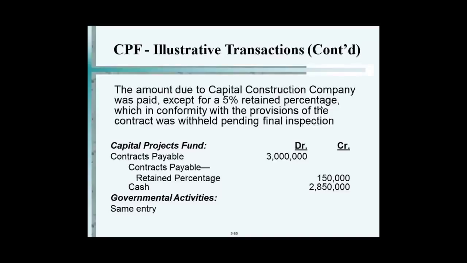Why do governments do this? If they find a problem, they'd rather not go sue. They'd rather use that money to fix things and then give them the rest. It happens all the time with large-scale contracts. What was one of the largest construction projects recently undertaken? Yes? How about in this part of the country, Northeast? Big project, one of the biggest projects.